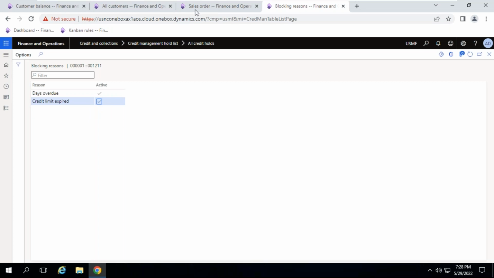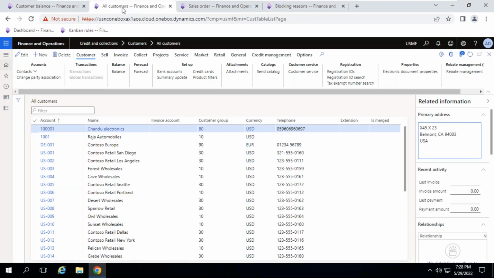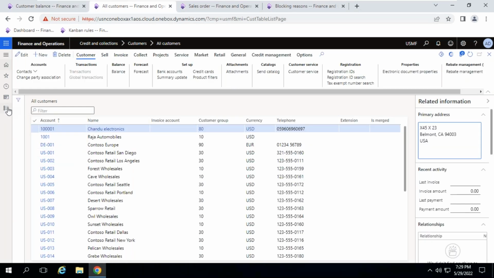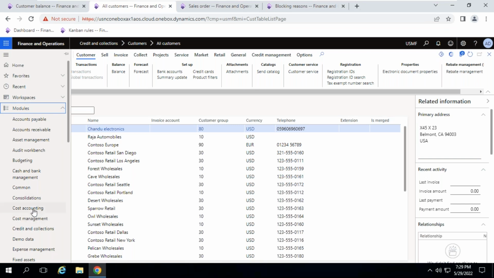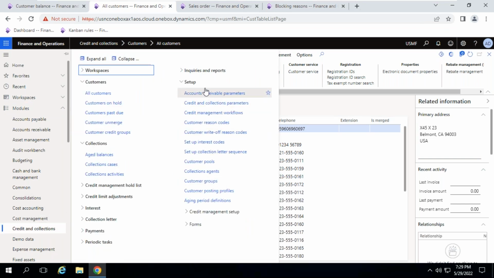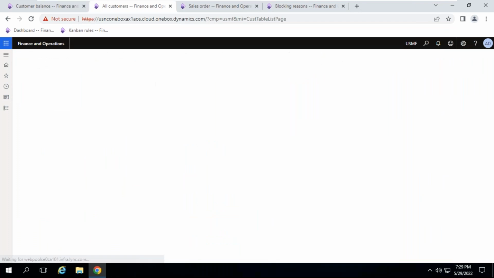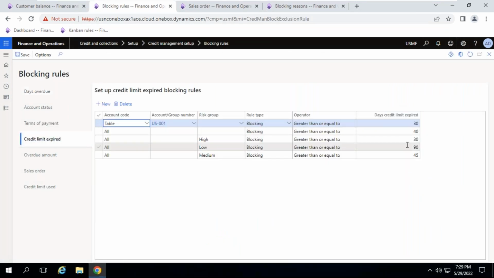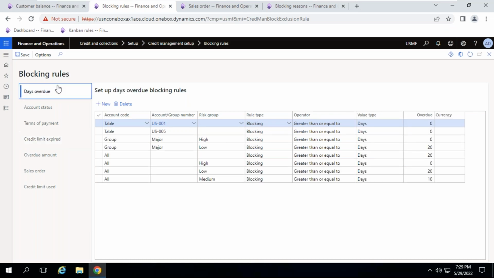Give me a minute. Let me go to blocking rules. One is that the date is expired here, and some invoices are also days overdue.